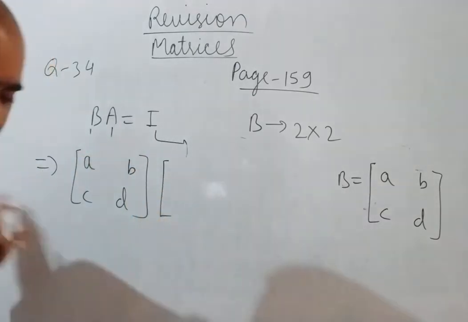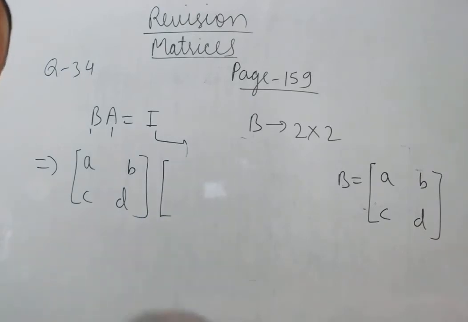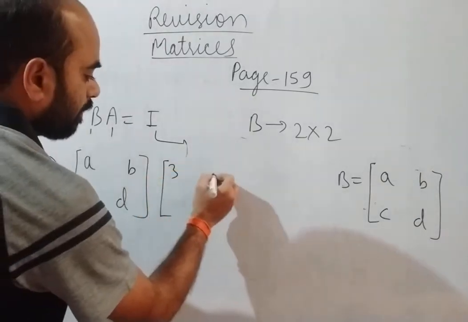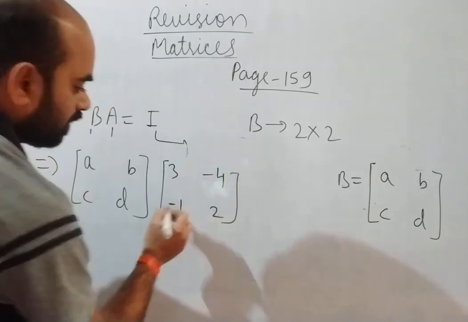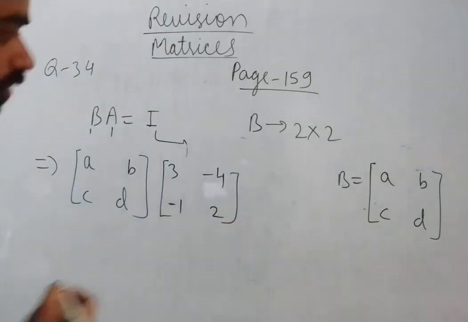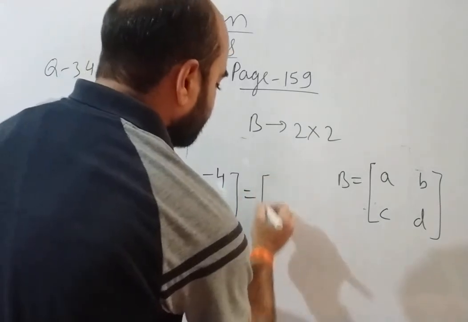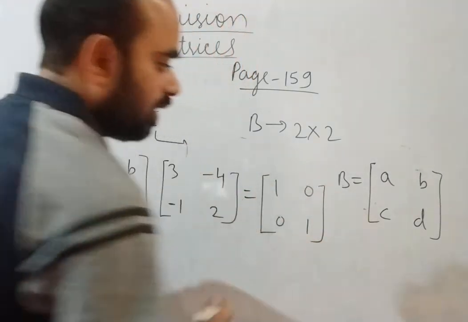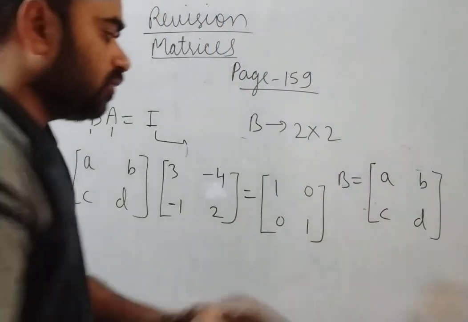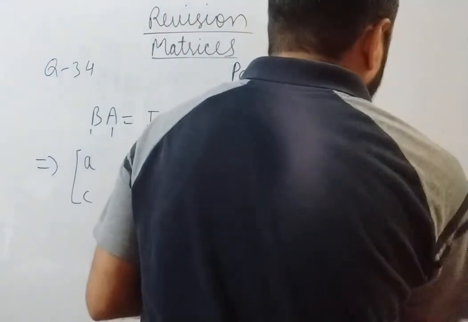Now matrix A is given as 3, minus 4, minus 1, 2. So 3 minus 4 minus 1, 2 is equal to the identity matrix. Identity matrix means 1, 0, 0, 1. Correct? Now we have to multiply and solve.